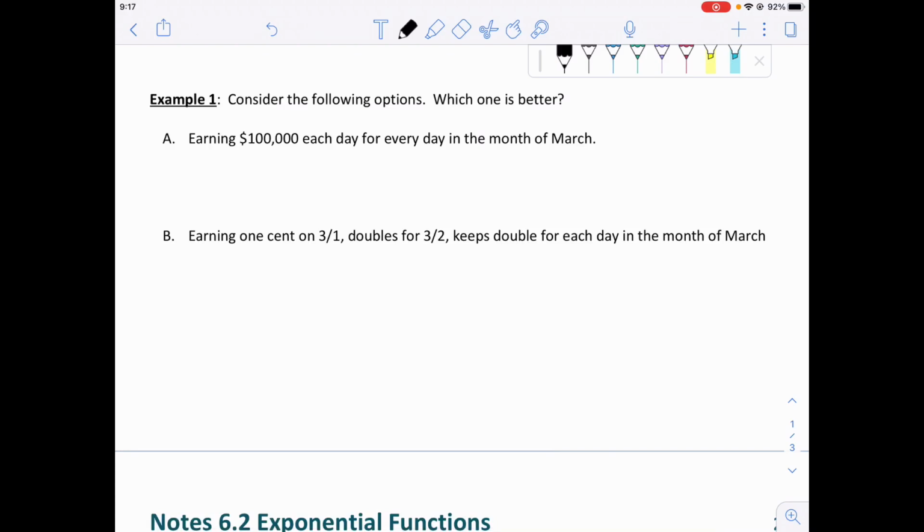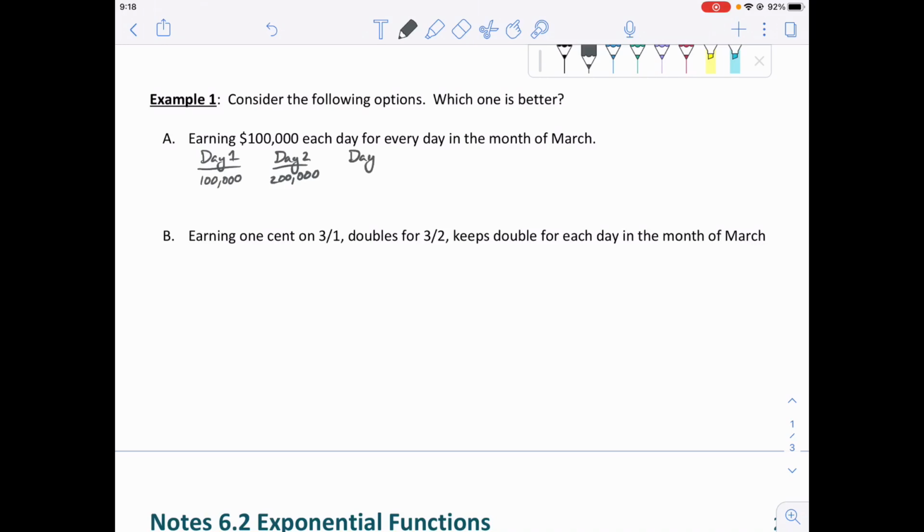So let's consider some applications of this. Which of the following options is better? We've got option A and option B. If we earn $100,000 each day for every day in the month of March, how much money would we have? Well, on day 1, we earn $100,000, which seems like a lot, right? On day 2, we earn $200,000.